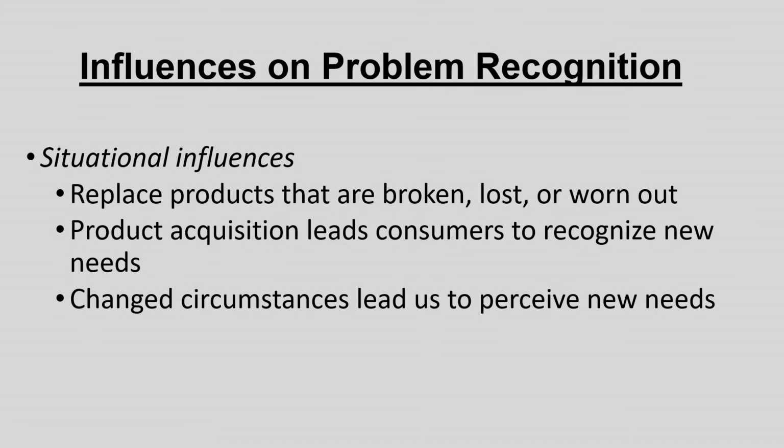Another factor which can help you realize that you need a product, or that there is a difference between the actual and desired state, is that product acquisition leads consumers to recognize new needs. Suppose you buy a particular product, and it is very good, but then this product needs some other product, and that makes you realize that you need a different product.